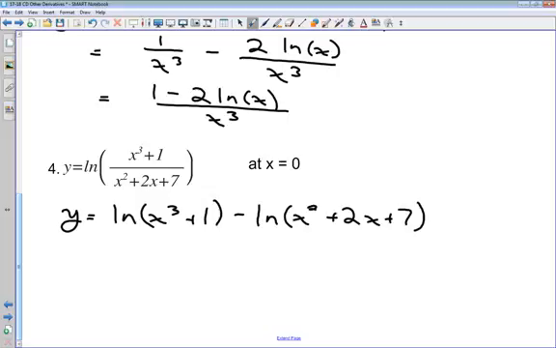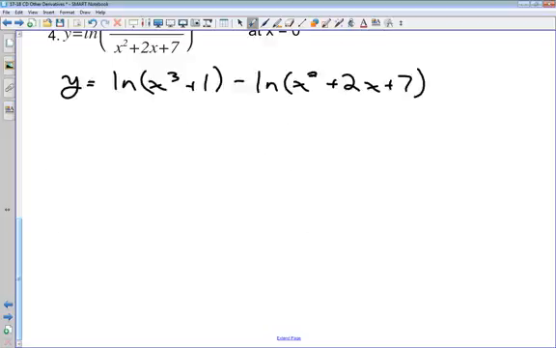So now I can take the derivative using the difference rule. I can take the derivative of this first ln, then subtract the derivative of that second ln. So my derivative is just going to be, well, derivative of ln of (x cubed plus 1) is going to be 1 over (x cubed plus 1) times the derivative of that inner function.